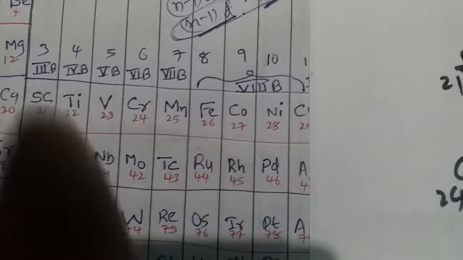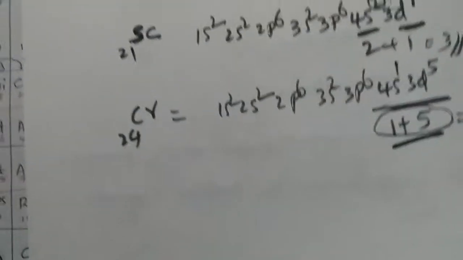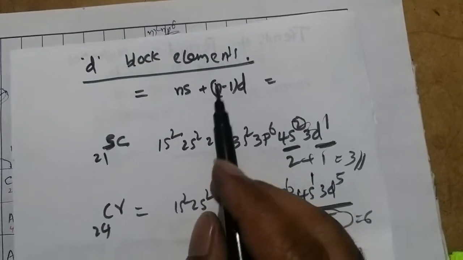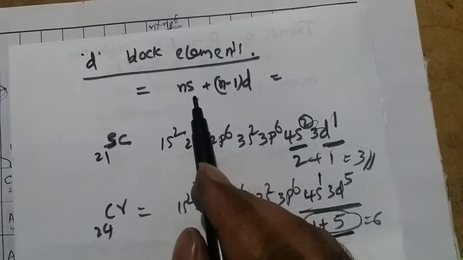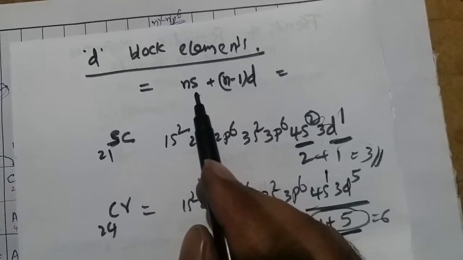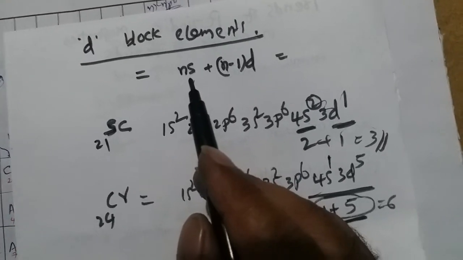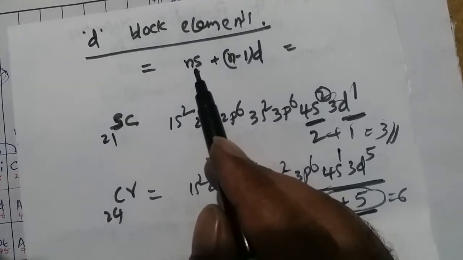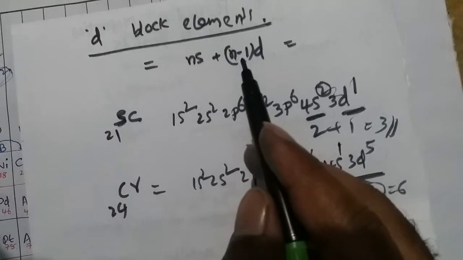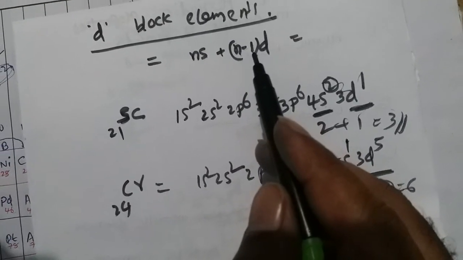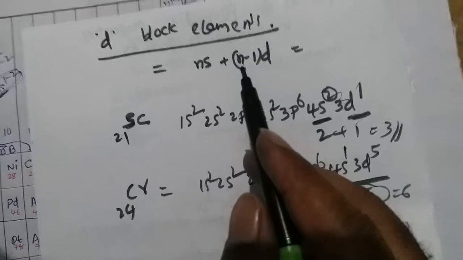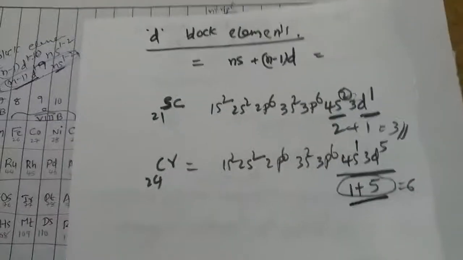Chromium belongs to the sixth group only. So for D block elements, after writing the electron configuration, we add the electrons in the outermost shell, that is the S subshell, and the penultimate shell, that is the D subshell. Then we get the group number.